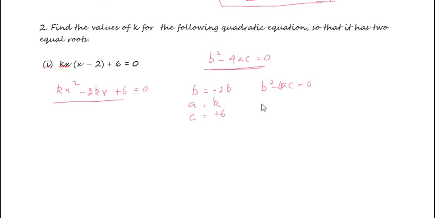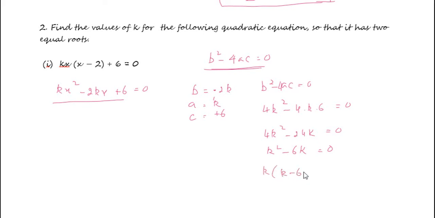Now b² is (−2k)², that is 4k², minus 4 into a, which is k, into c, which is 6, that is equal to 0. 4k² − 24k = 0. Dividing every term by 4, k² − 6k = 0. Now you take k out.